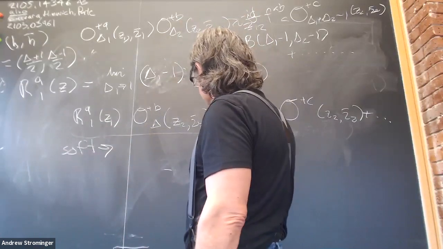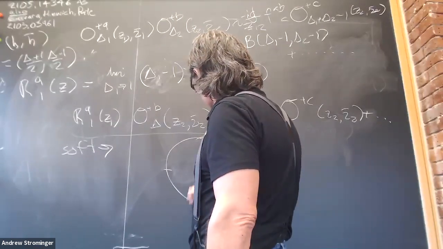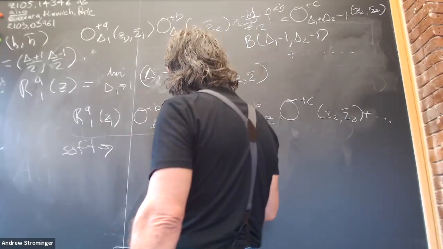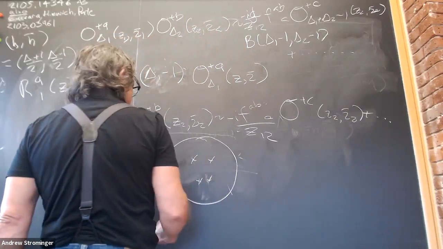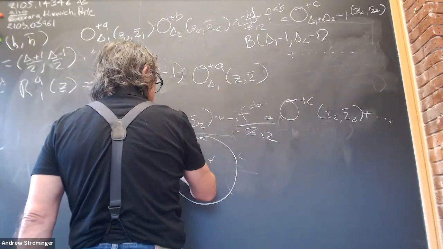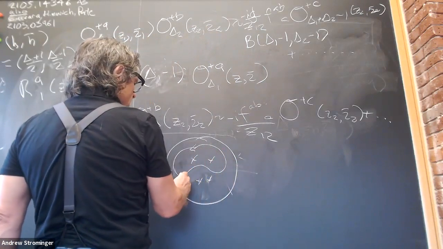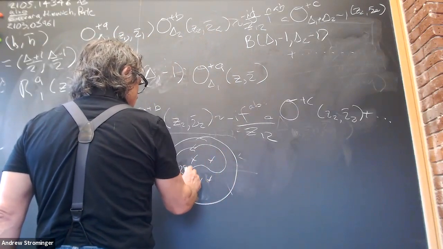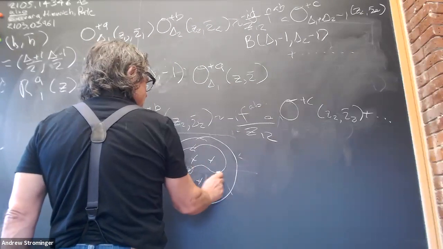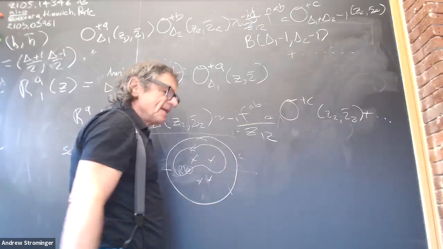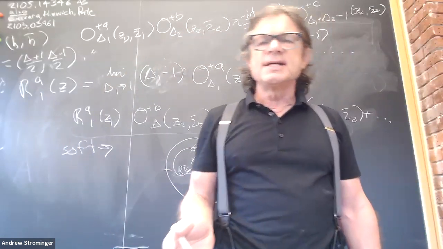And indeed, one can understand, once you have a holomorphic current, we can insert this operator and we can consider an integral over S matrix elements where we insert this R_A of Z and we integrate it around a contour. And then we can deform that contour and we get various Ward identities.